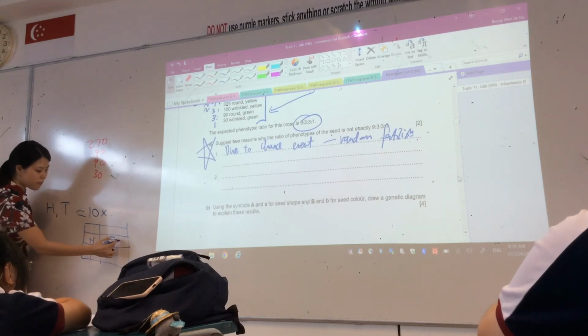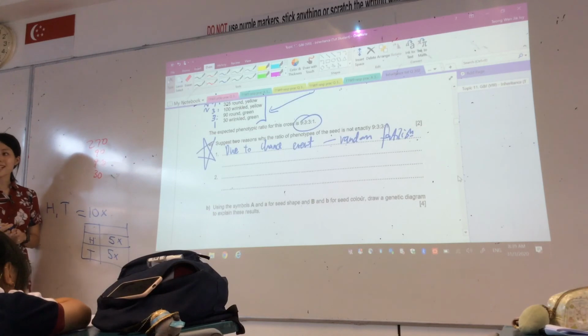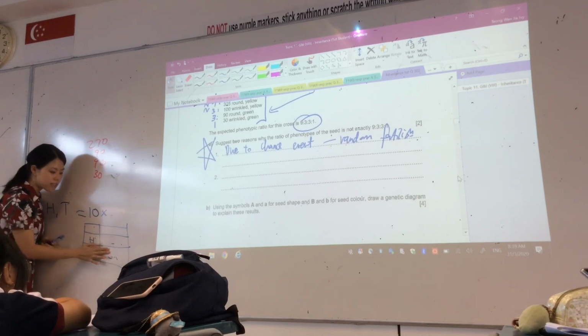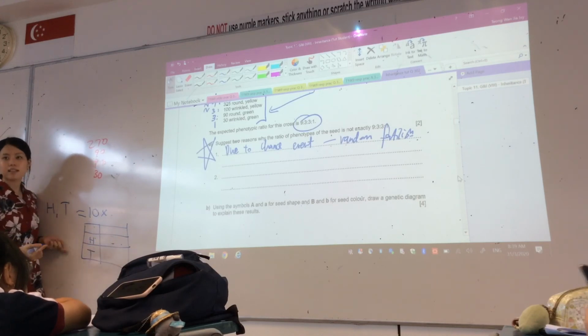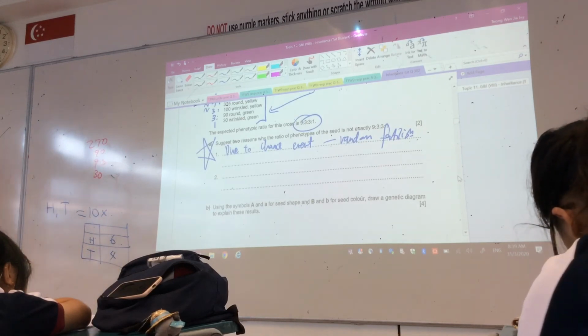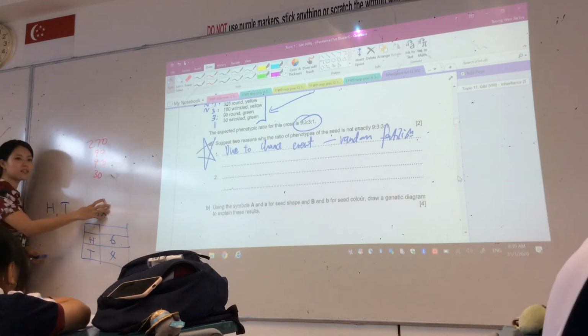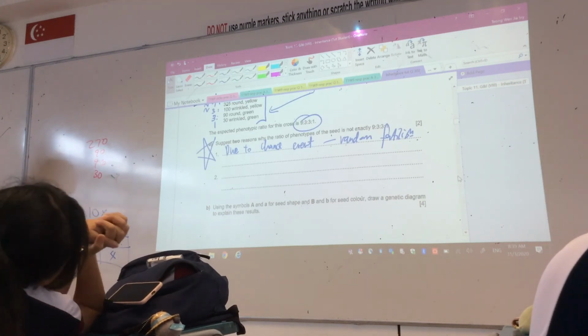You expect it to be 5 times head and 5 times tail. But even if the coin is unbiased, that means it's a fair coin, it's not like somebody made the coin differently, even if the coin is unbiased, I cannot get exactly 5. Sometimes I get 6 and 4. So this is because it's a chance event. The more you want it to approximate the ratio, what do you have to do for it to go closer to the expected ratio?